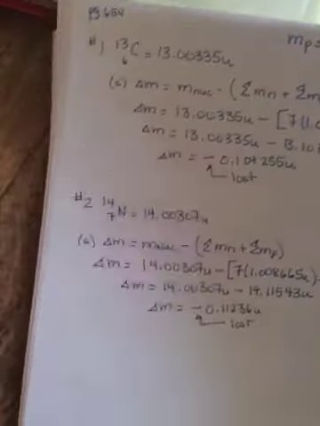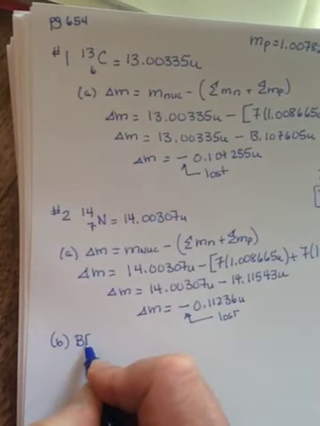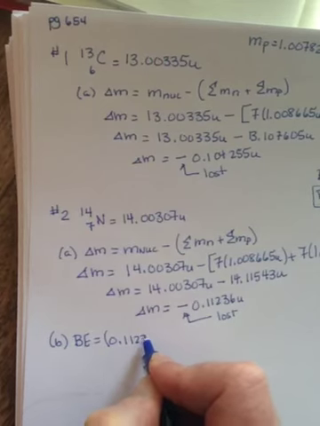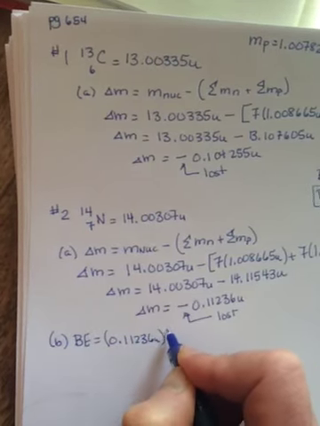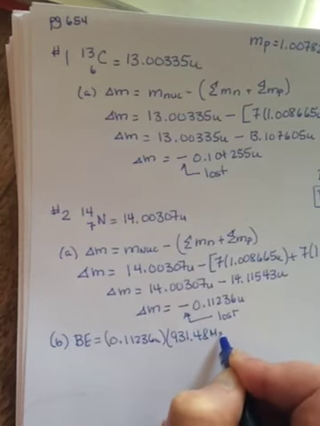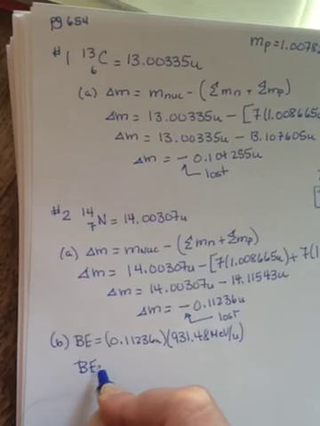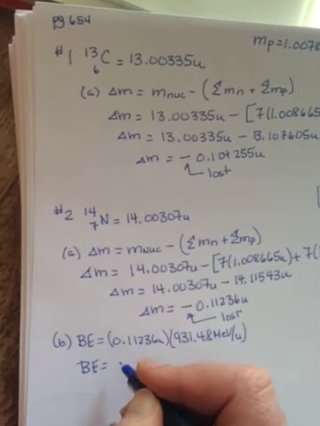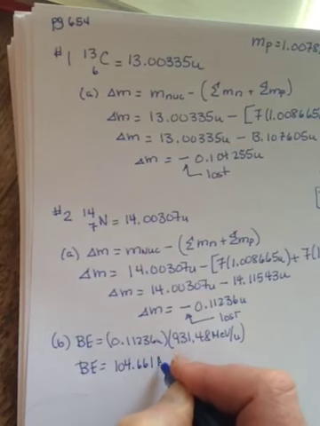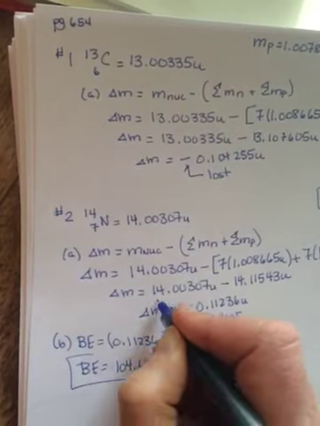Okay, that's part A. And again in part B, it wants to know the binding energy. So again, you take this 0.11236 U's and you're going to multiply it by the 931.48 mega electron volts per U. And when you do that, you get a binding energy of 104.661 mega electron volts.